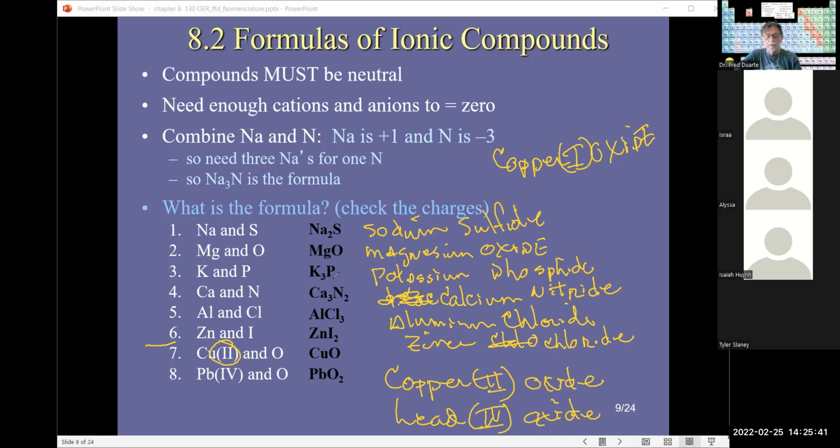Okay, now you can mix and match. Notice I did sodium sulfide, but guess what? You can go sodium oxide, sodium phosphide, sodium nitride, sodium chloride, sodium iodide. You could do the same thing with magnesium over and over, so you can mix and match.